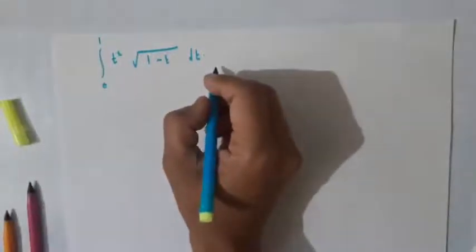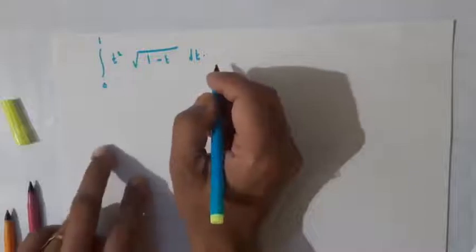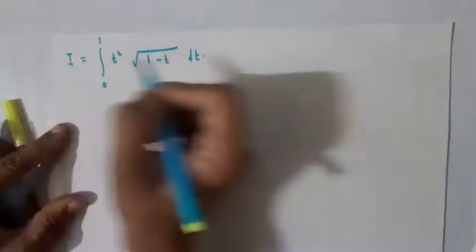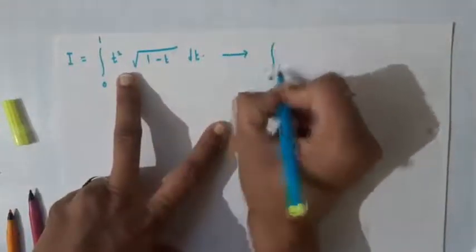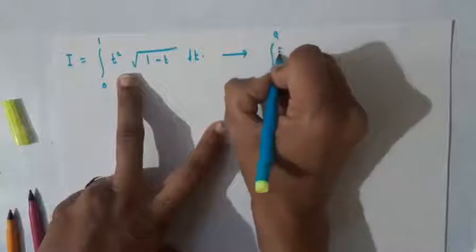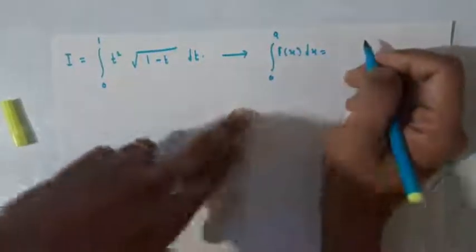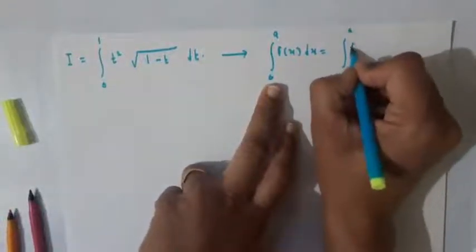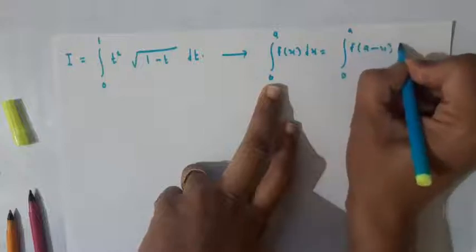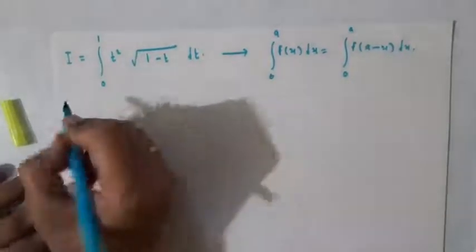So students, here by using a property we can solve the problem. Let the integration I equal this. So we know the property: the integral from 0 to a of f of x with respect to x equals the integral from 0 to a of f of a minus x with respect to x. By using this property we can solve the problem.